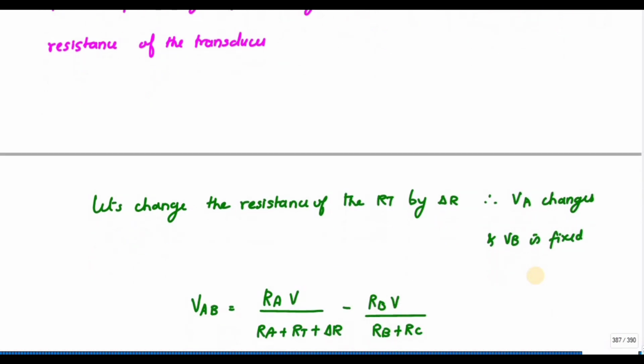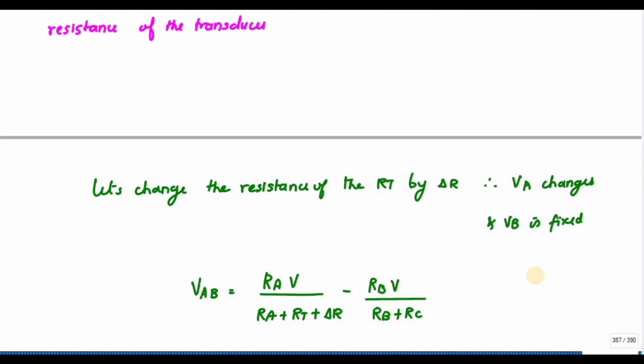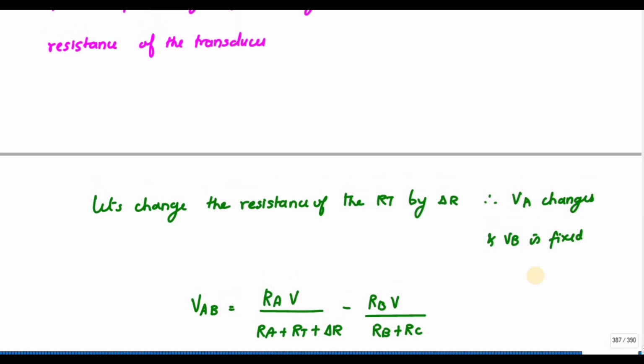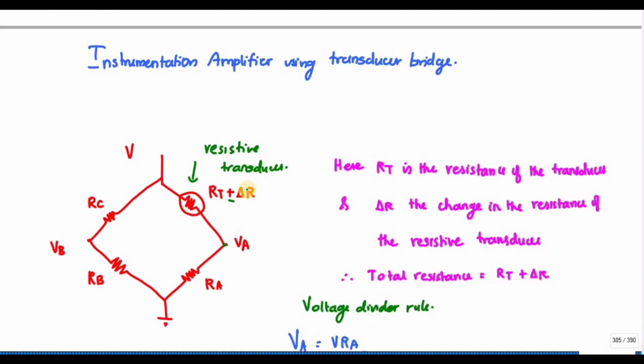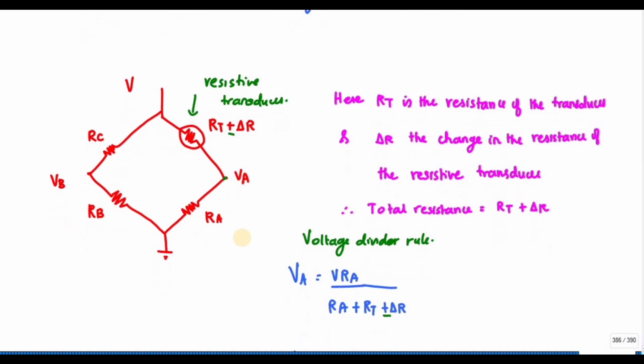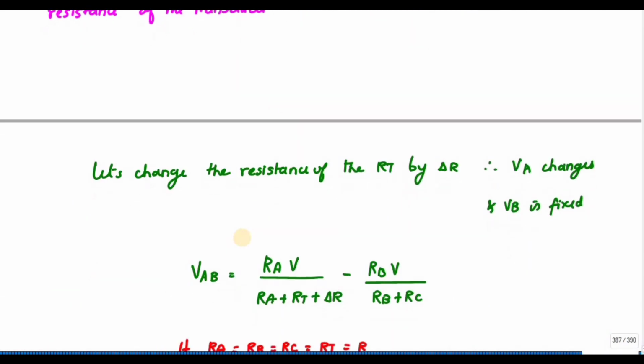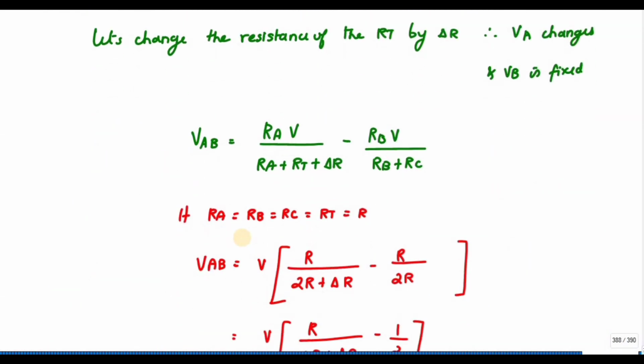Since RT is connected across this side, only this resistance gets changed, and you can see VB is always fixed. So only VA is changing. Now I can write this VAB, that is equal to VA minus VB, right? And RT is nothing but RT plus or minus del R.